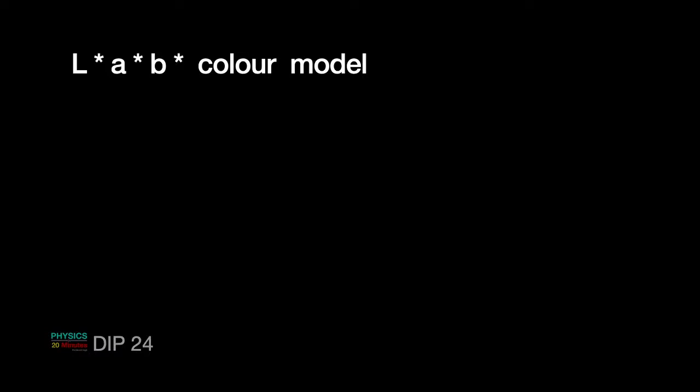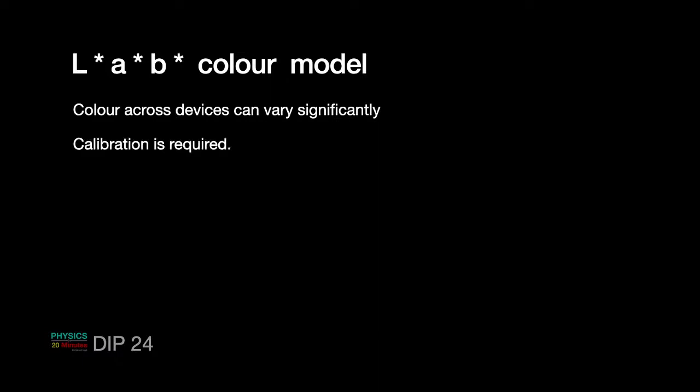Let us summarize them quickly one by one. The colors across devices can vary significantly. An RGB model, HSI model or CMYK model doesn't help at all in that. Typically, in all these cases you have to do device specific calibration. Suppose I'm connecting a printer to my laptop and I want to edit an image on my laptop and print it using the printer. Then I have to make a calibration between the printer and the laptop.